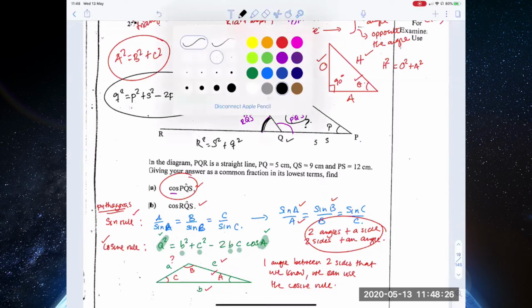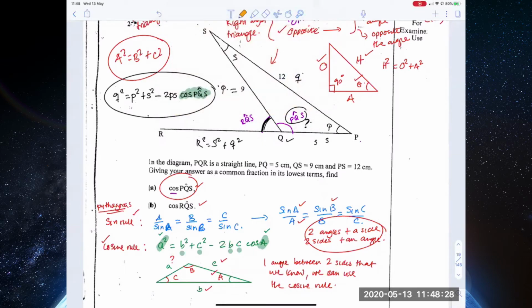Let me put it in orange. You'd have to know what this side is. So to find this, you'd need to call this maybe Q2, because this would be Q1, and it's not the same as this Q, isn't it? So you have to know this side, and you don't know what that side is.